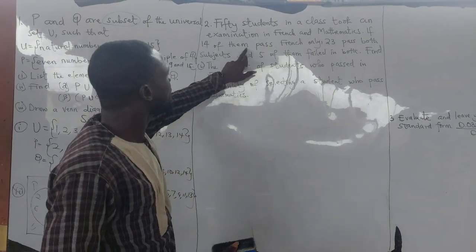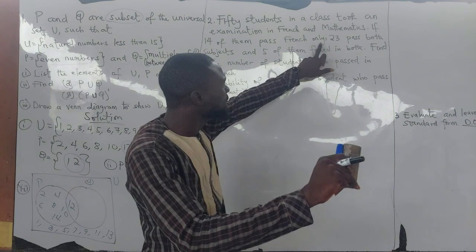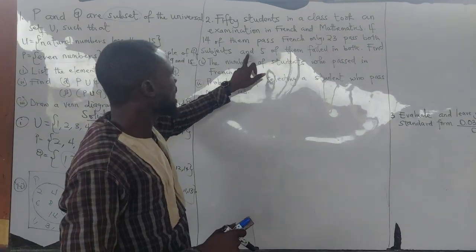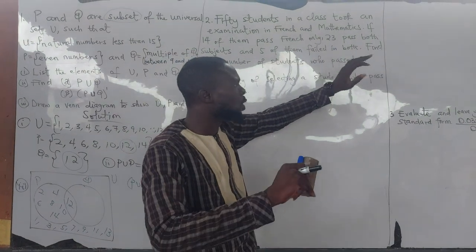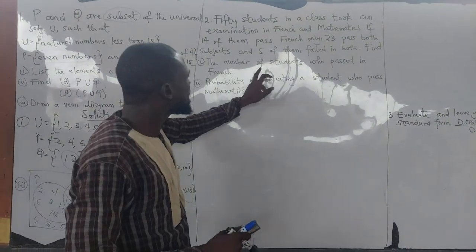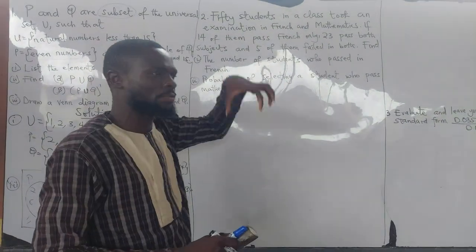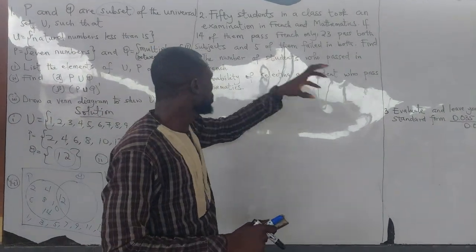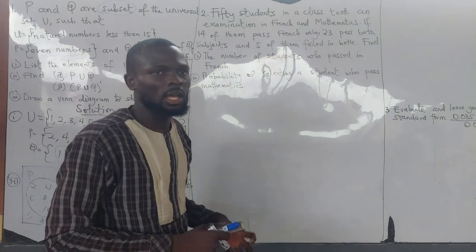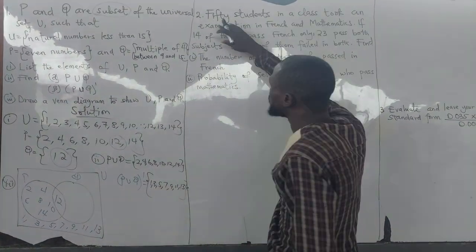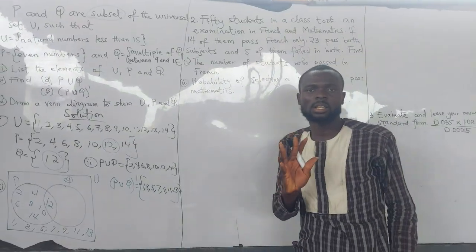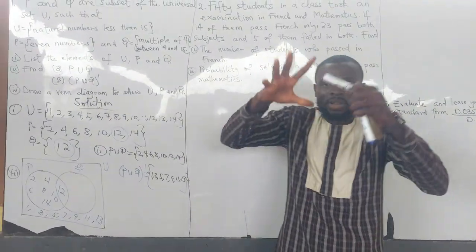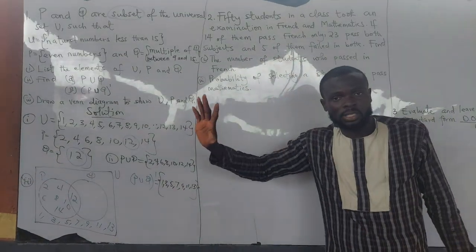If 14 of them passed French only, 23 passed both subjects, and 5 of them failed in both, find the number of students who passed in French, and the probability of selecting a student who passed mathematics. Now, once you read, you have been told the universal set. It says 50 students in a class took a test. So the universal set for this is 50.